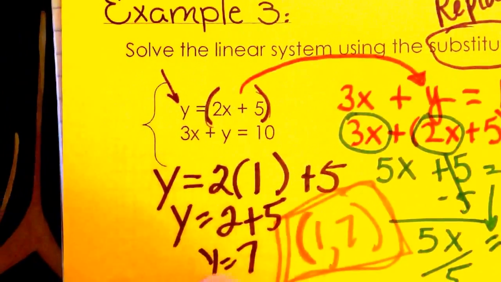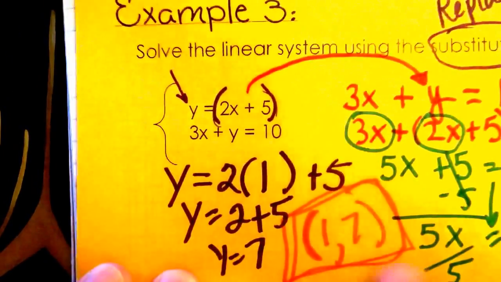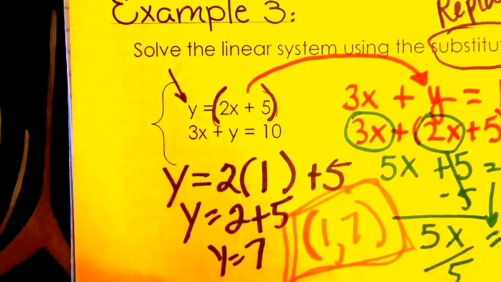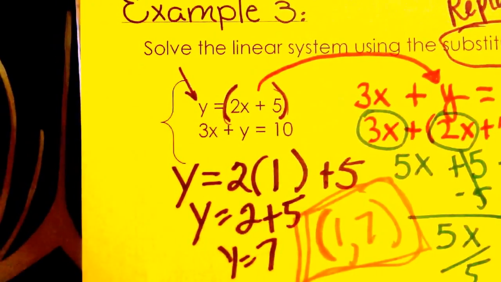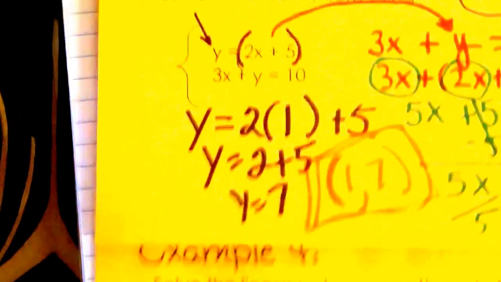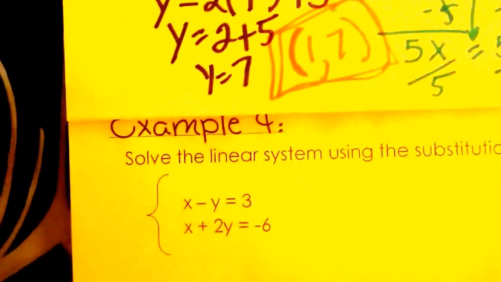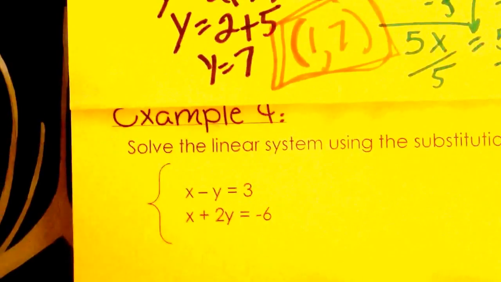So the solution to this system is (1, 7). Okay? Take a look at that. We're going to slide and look at example 4, which has a little bit more to it.